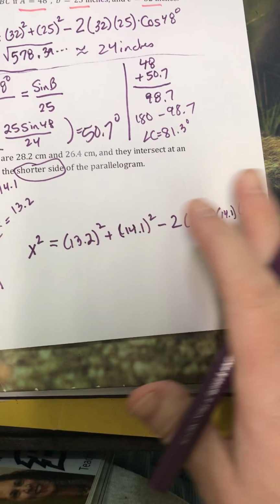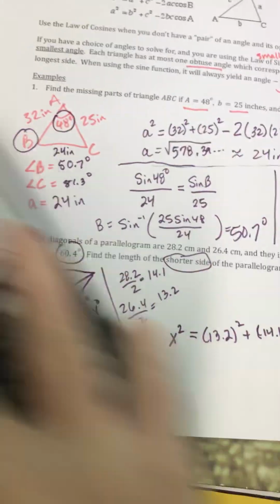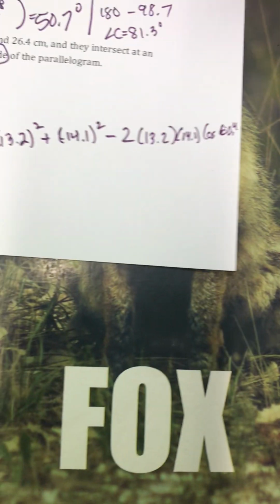Okay, this will all go in the calculator and then we will take the square root of it. All right, let me set it still so you can write that down if you haven't already.